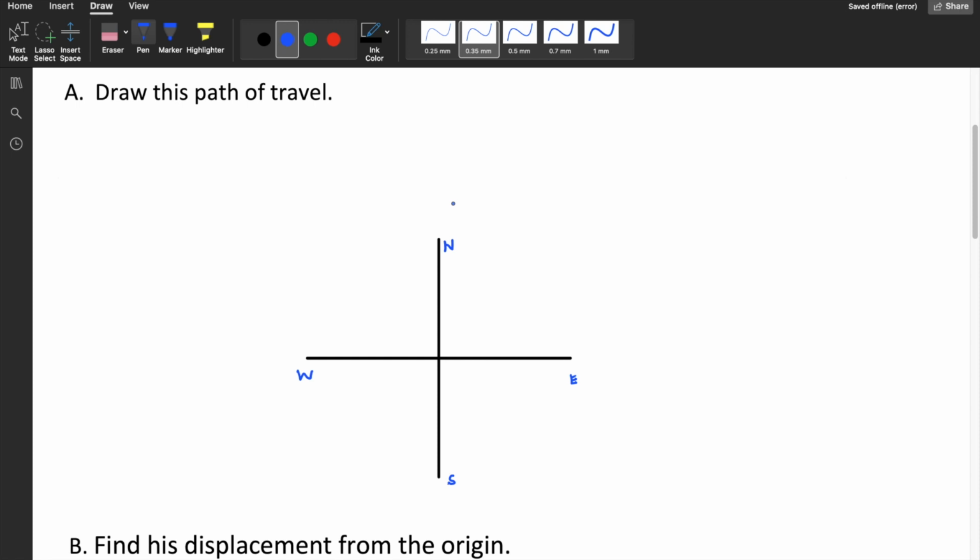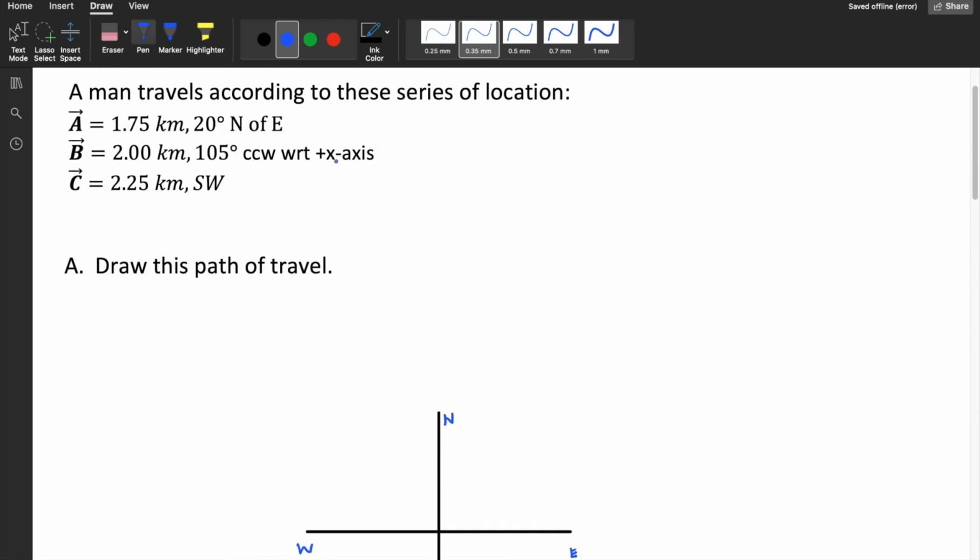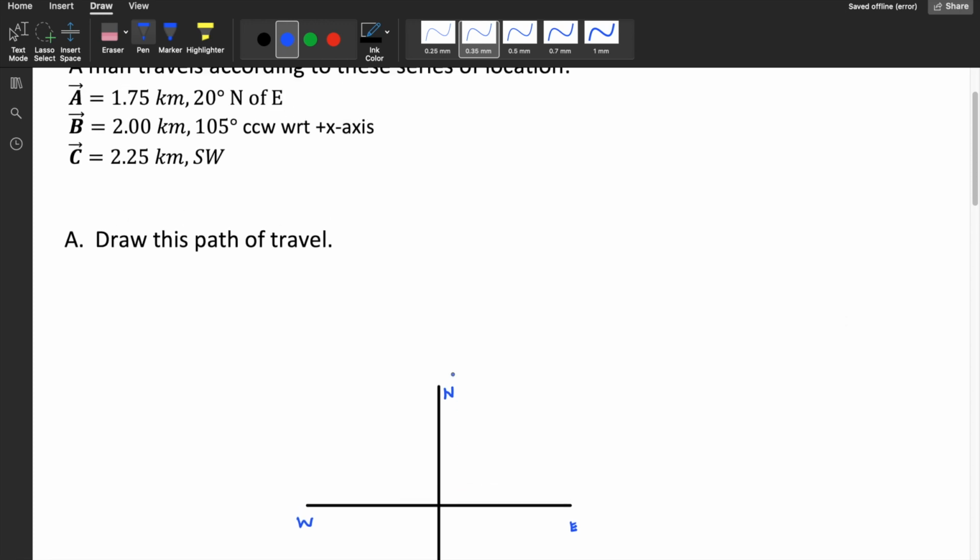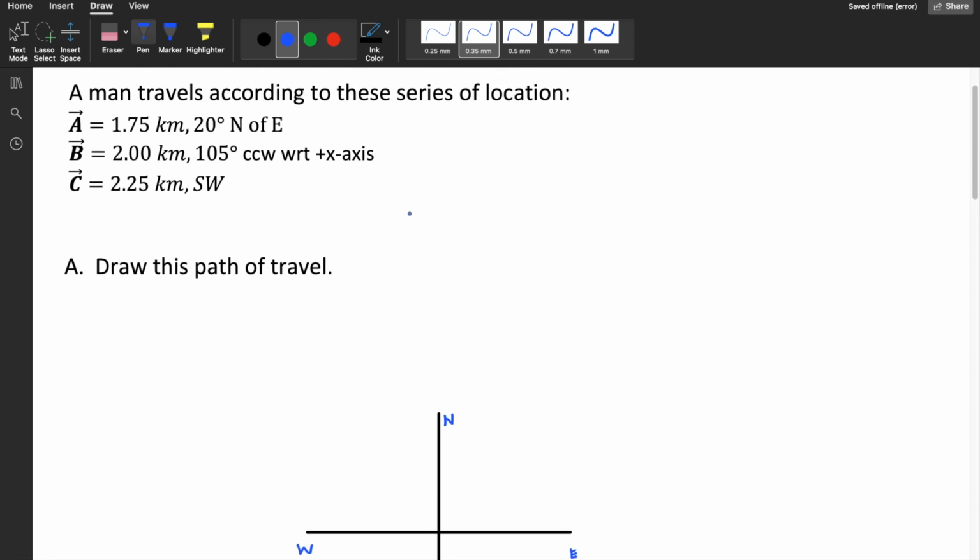So what we're going to do is to draw first the first vector, or the A vector, having a magnitude of 1.75 with a direction of 20 degrees north of east. Meaning, to locate that on the quadrant, you'll start with east and then go north. Basically you'll measure 20 degrees.